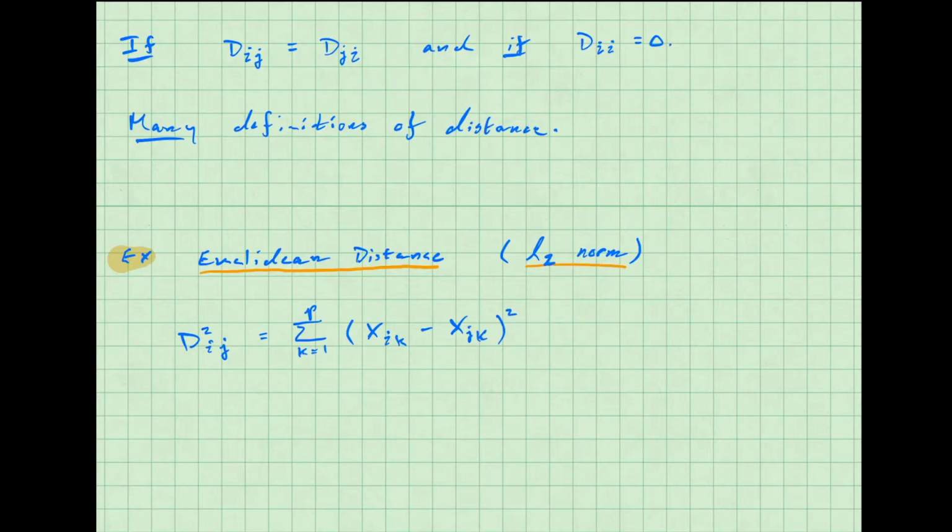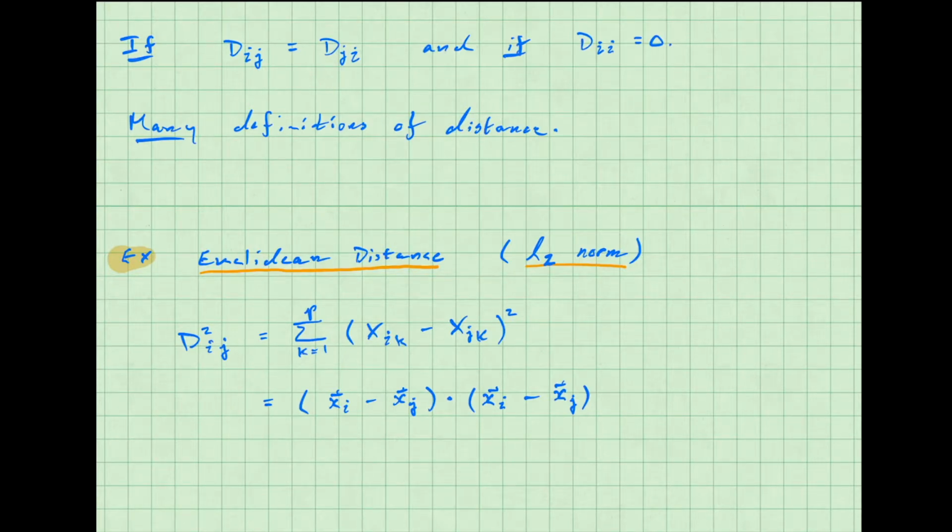And you can rewrite this in a simpler way, like this. So it's the vector difference between xi and xj dotted with itself.